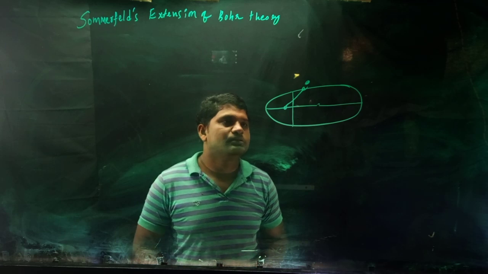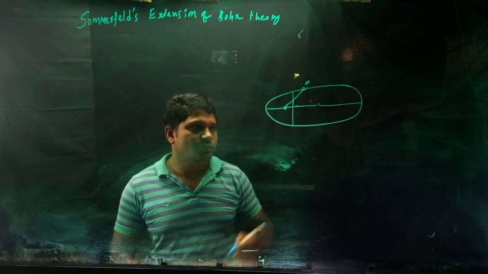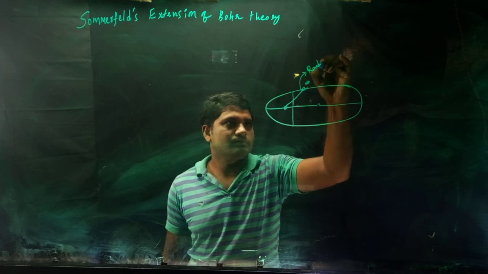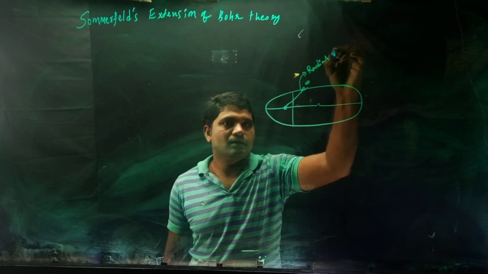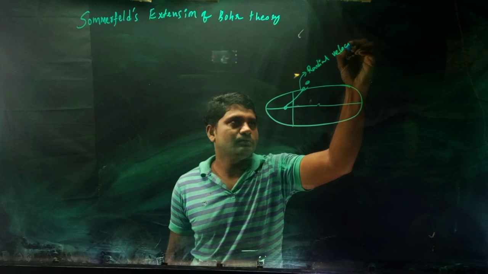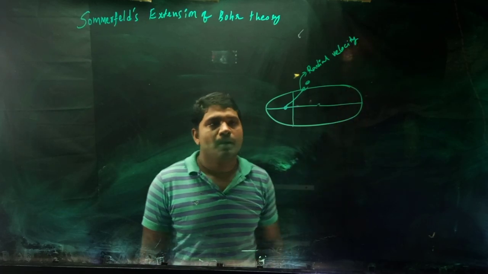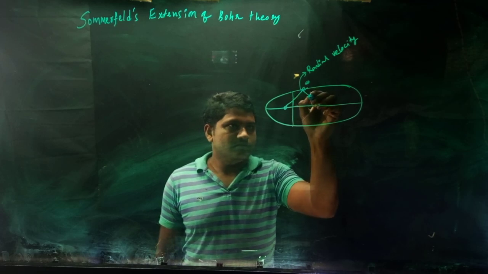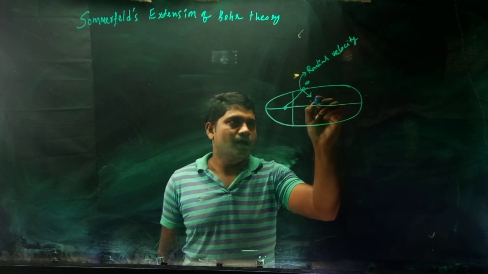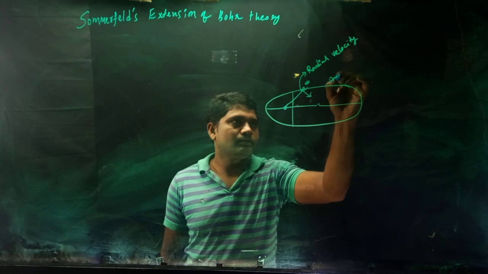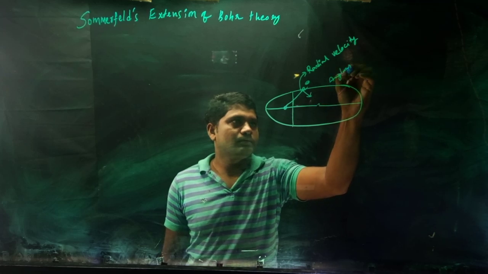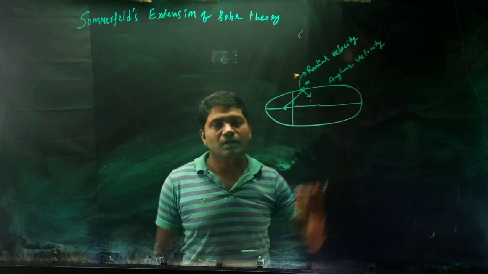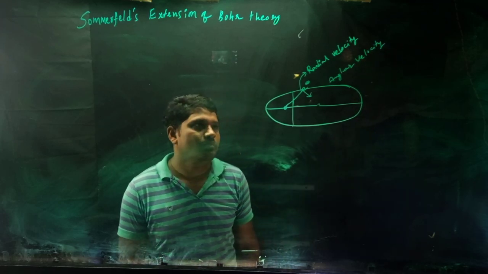Sommerfeld proposed that along the radius vector we have the radial velocity, and perpendicular to the radius vector we have the angular or azimuthal velocity.